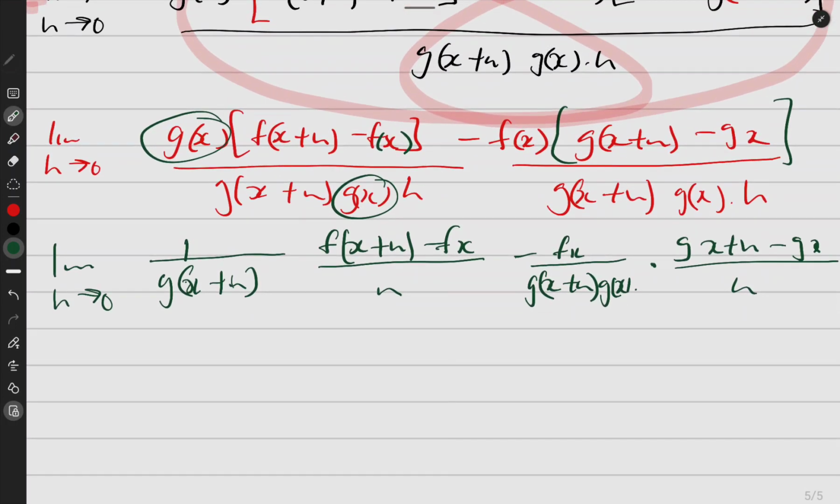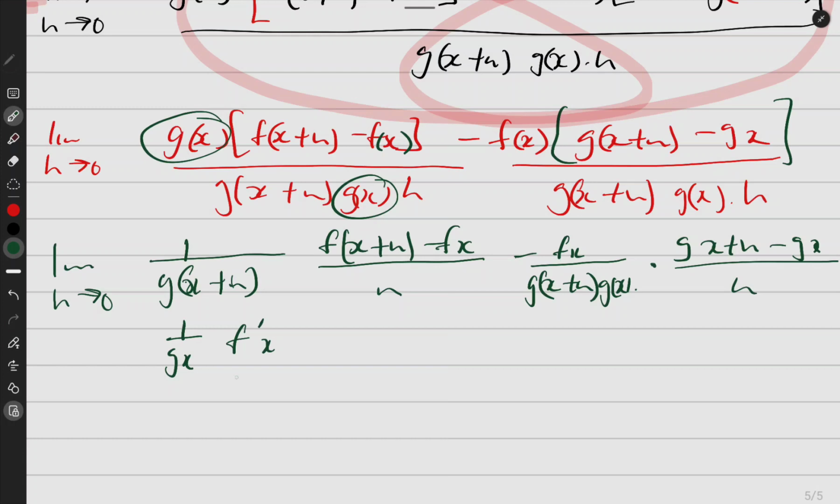Now I can take the limit. This is the last step of the proof. If I make h approach 0 here, I'll just have 1 over g of x. And if I take limits as h approaches 0 on this, what will I have? That will be just a derivative, or differentiating the function f of x.